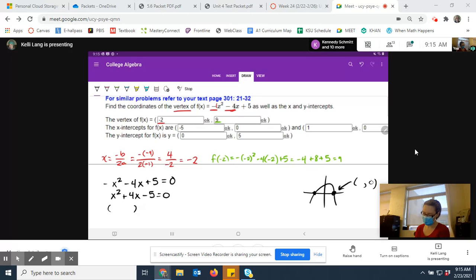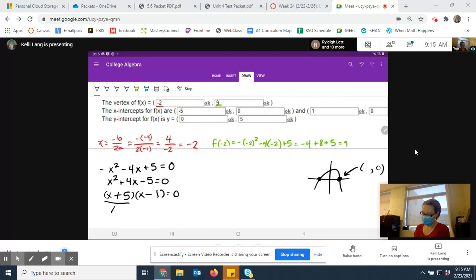So I'm going to factor this using the AC method, x, 5, 1, plus, minus. And that's going to give us x plus 5 equals 0, which gives us the zero of negative 5. And x minus 1 equals 0. Add 1 to both sides, you get x equals 1.